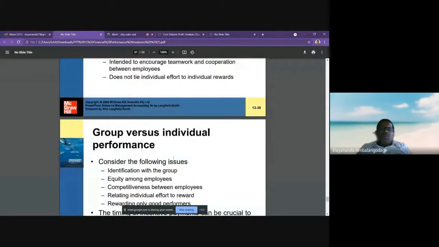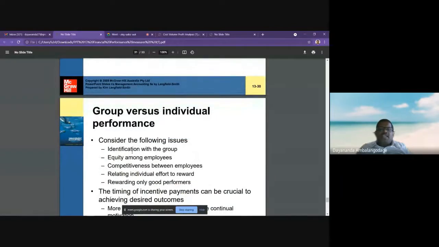Group versus individual performance, consider the following issues: identification with the group, equity among employees, competitiveness between employees, relating individual efforts to reward, rewarding only good performance. Identification with the group is difficult. Equity among the employees.